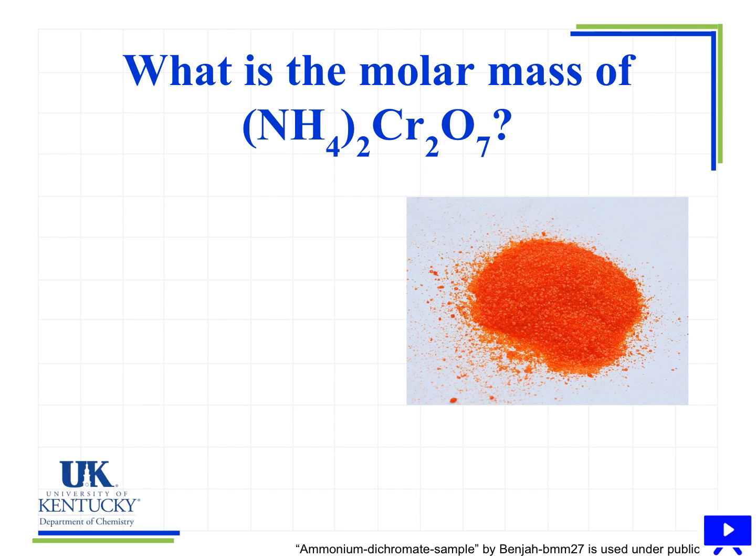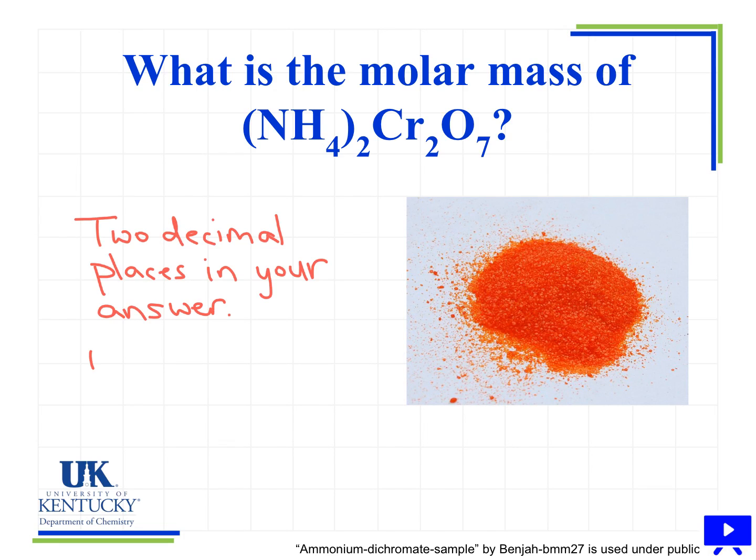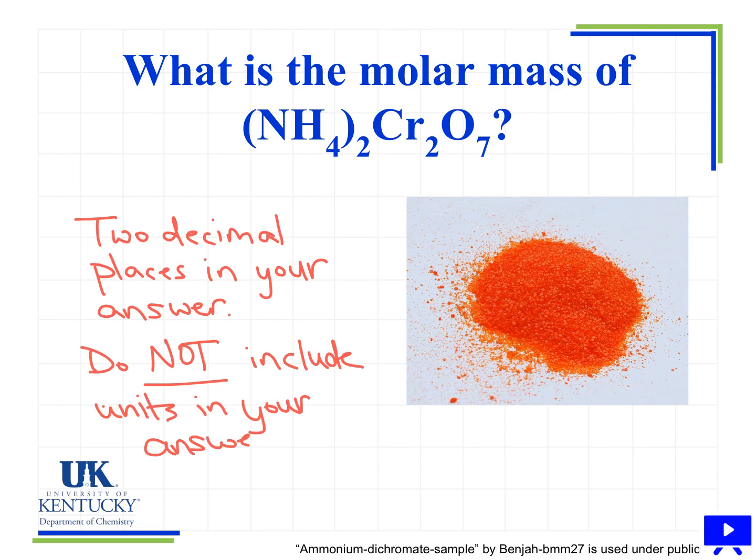When you enter your answer, you should report it to 2 decimal places, and you do not need to include units in your answer. This is important to make sure that the question is graded correctly.